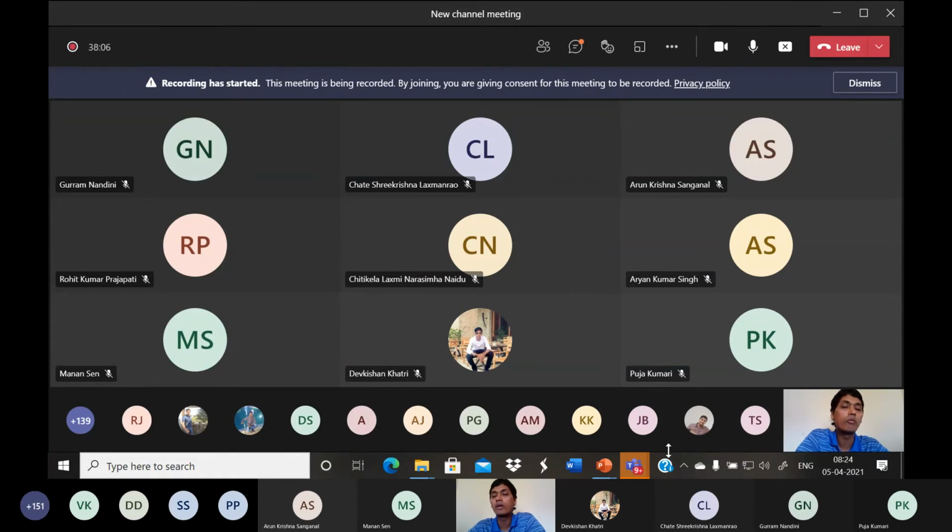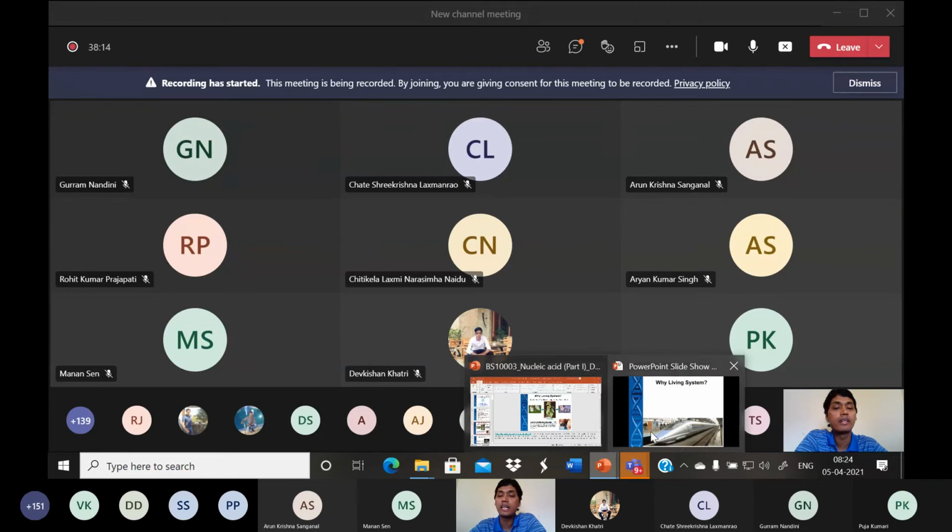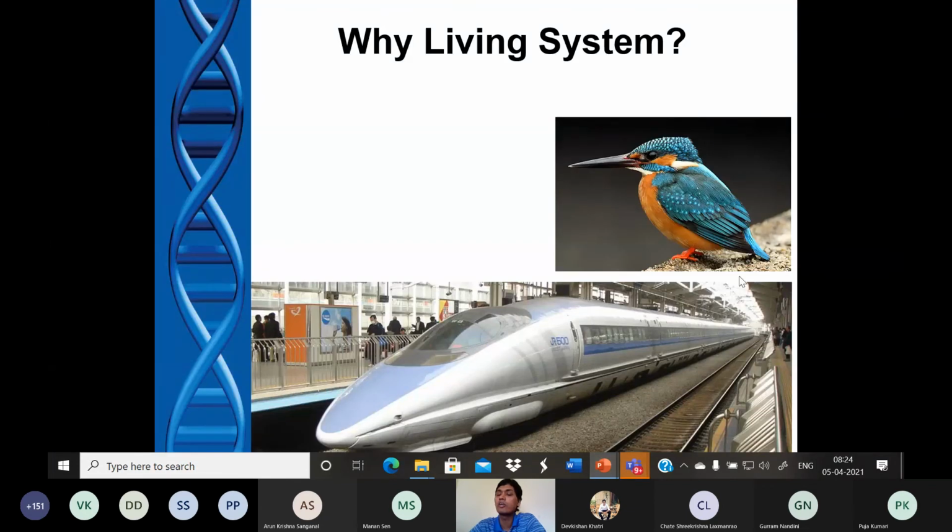He was working in a Japanese rail company, and he observed this bird, all of you know it, the kingfisher. When it searches for a meal, that means it wants to catch some fish, it does not create any disturbance or ripple in the water.